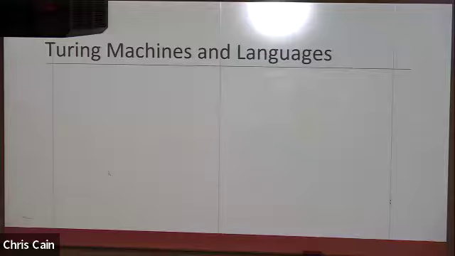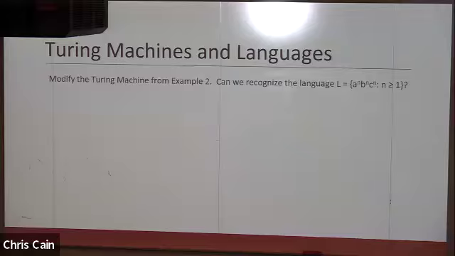So now the question that I would have for you is, can we modify the Turing machine that we just had to represent A to the N, B to the N, C to the N? First of all, was this language context-free? It was not. It was one of the examples that we used in the context-free pumping lemma.